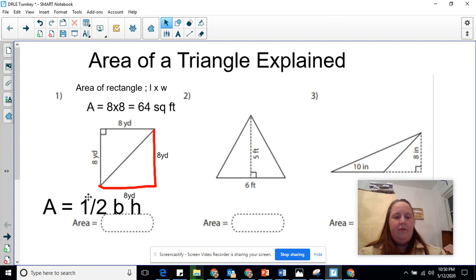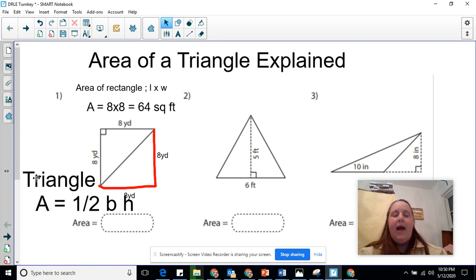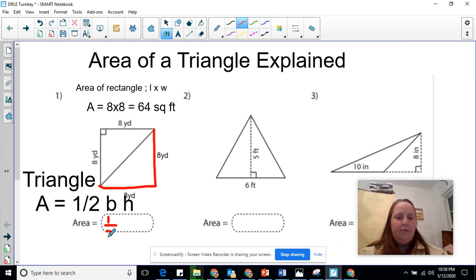Okay? So the area of a triangle over here, so here's the triangle, the formula is 1/2 of the base times height. So if I write that in, we already had 1/2 times, here's our base, we already had the base, it's just upside down, of 8, and we know the height, this is how tall it was, so times 8, and we already said that we knew our fact 8 times 8 is 64, so we know we need to find 1/2 times 64.